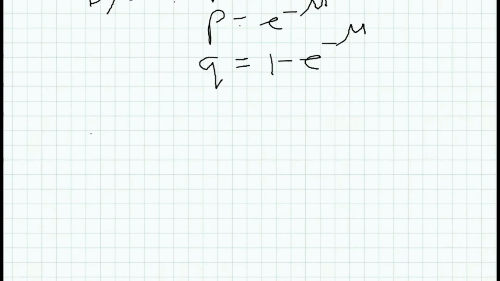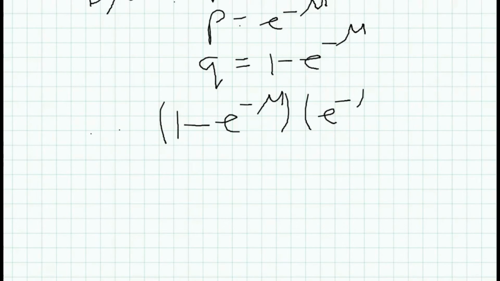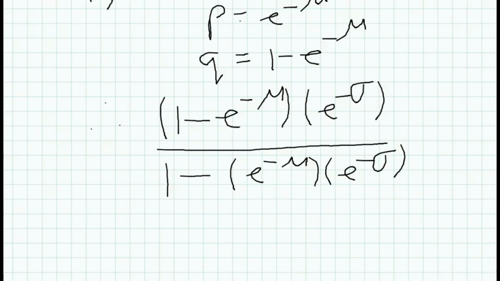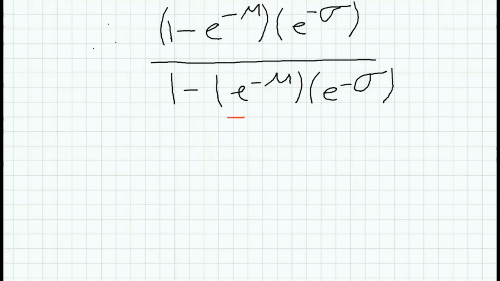Therefore, by substitution, we will get this equation, since we have e to the minus mu times e to the minus delta.